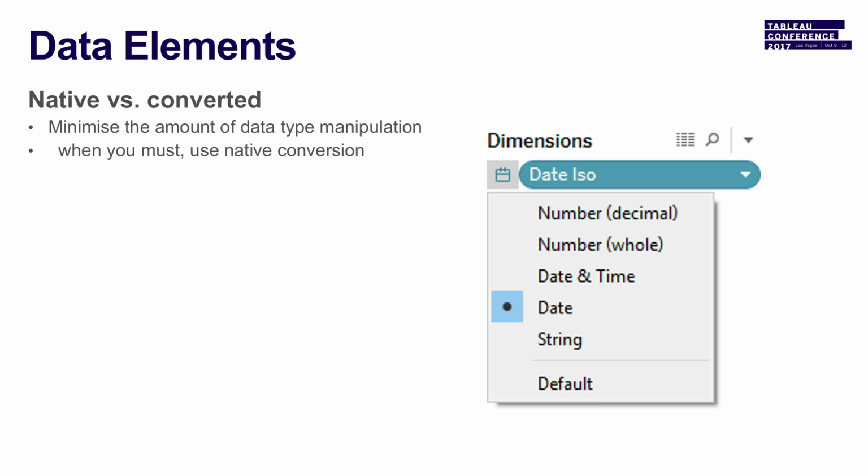So we're just forcing the database to do more work. So again, where possible, we should minimize the data type manipulation that we're doing in Tableau by making sure that we feed Tableau with an optimal set of data. So if we have the ability to go back and ask our data analysts to redesign that table and have that field natively as a number instead of as a string, then we can take advantage of that.